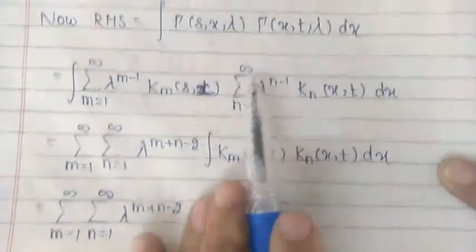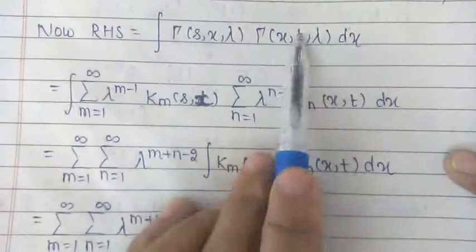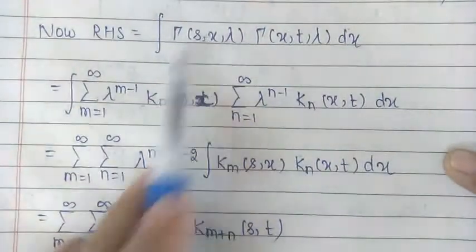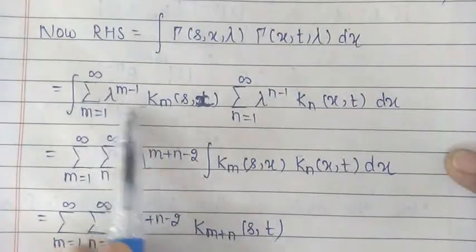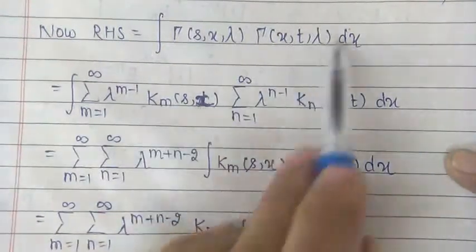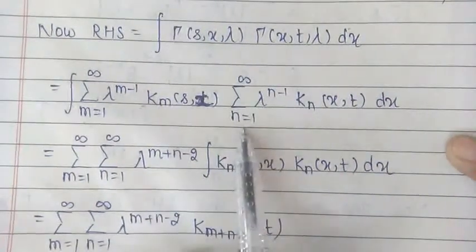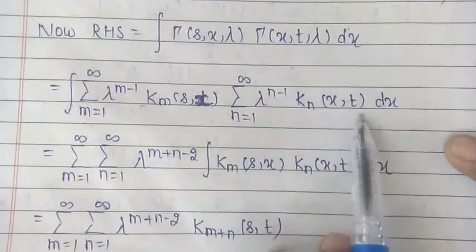In the right hand side, we apply the definition of the resolvent kernel in these two parts. By definition, this resolvent kernel is given by the summation, m varies from 1 to infinity, λ raised to the power m minus 1 into K_m(s,x). Here again applying the definition of the resolvent kernel, this is the summation, n varies from 1 to infinity, λ raised to the power n minus 1 into K_n(x,t).